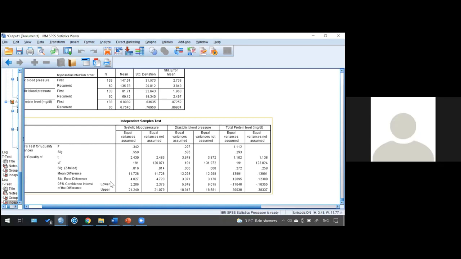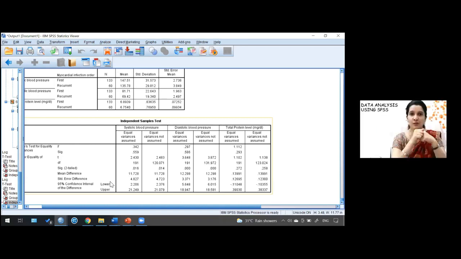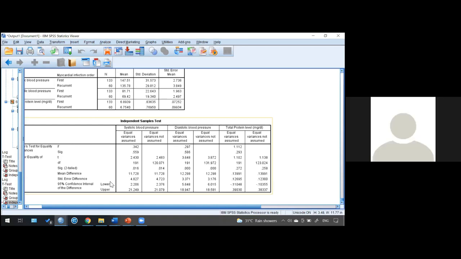Okay, ma'am. Anybody else who has got this difficulty in interpretation of Levene's test of equality of variance? If yes, please say it now. Then in Shapiro-Wilk test and Levene's test, we assume that our null hypothesis is accepted.